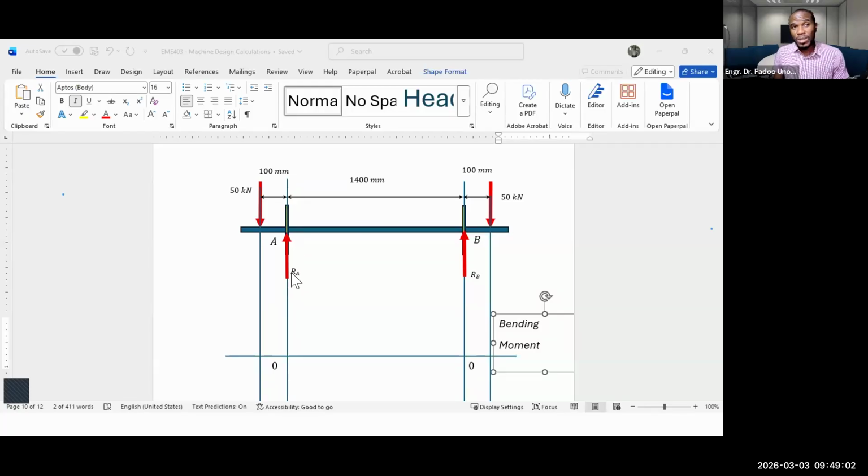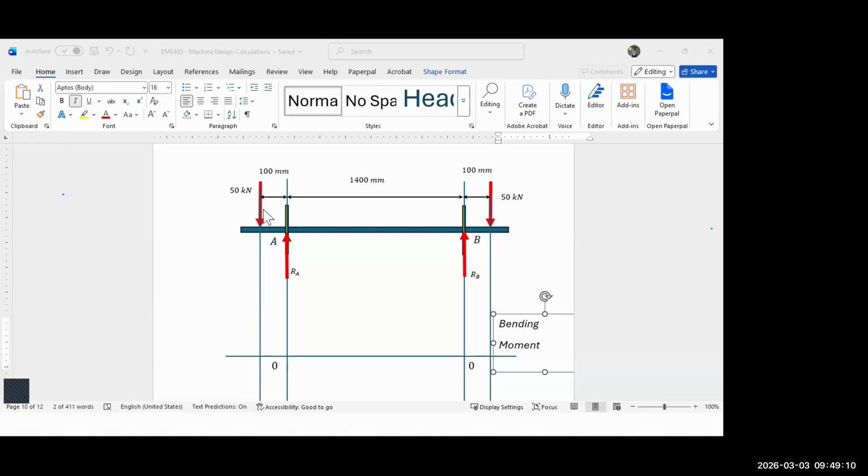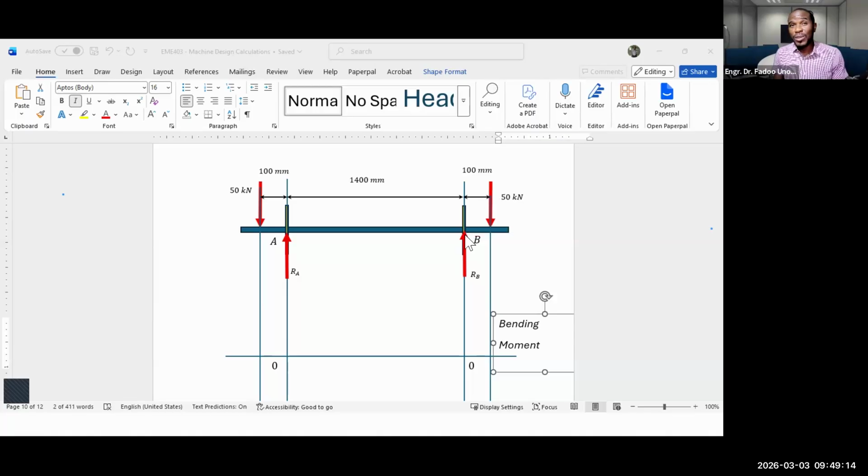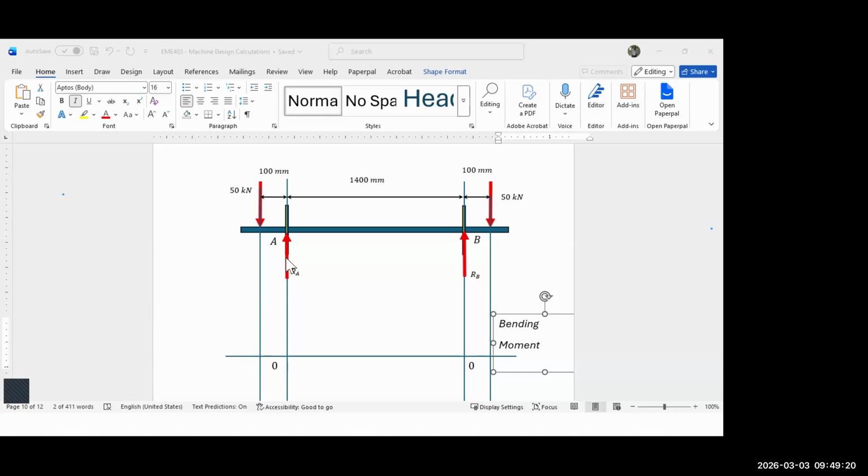Then here, RA is also 50, okay? 50 times, what's the distance? 100. That will give you what? 5,000, okay? So 75,000 minus 70,000 minus 5,000 will give you what? 0. To give you 0, right?